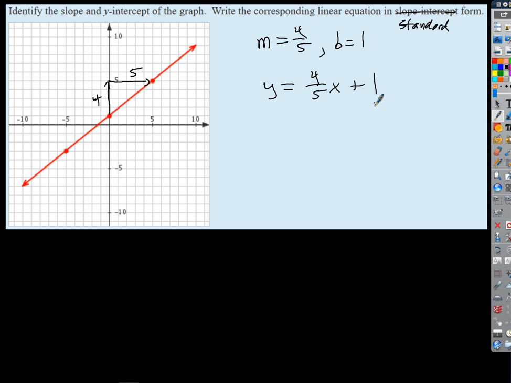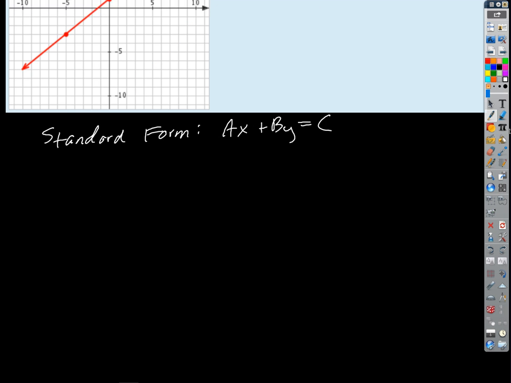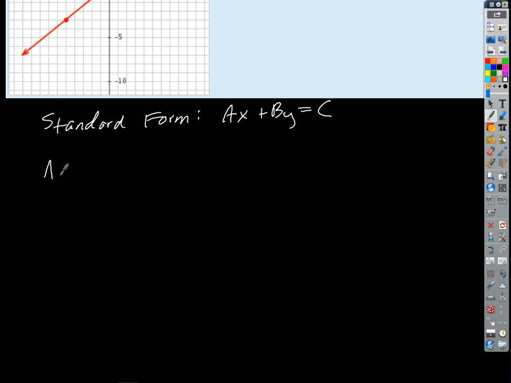If they want that in standard form, though, I got to tweak that around a little bit, right? What are the rules for standard form? Standard form means it's going to look like this: AX plus BY equals C. What can you tell me about A, B, and C? So A, B, and C must all be what?